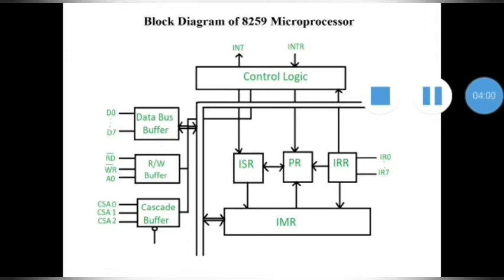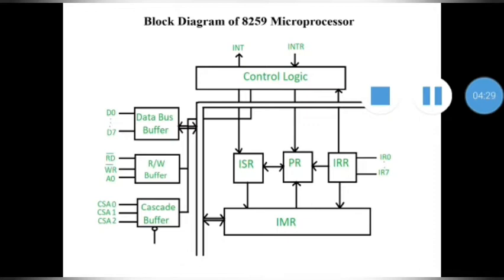The next block is the priority resolver. The PR, priority resolver, is used to determine the priorities of your interrupt requests which are appearing simultaneously in your device. The highest priority interrupt request will be selected and stored in the ISR.